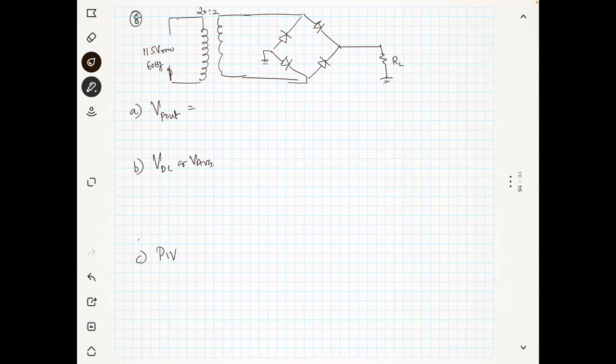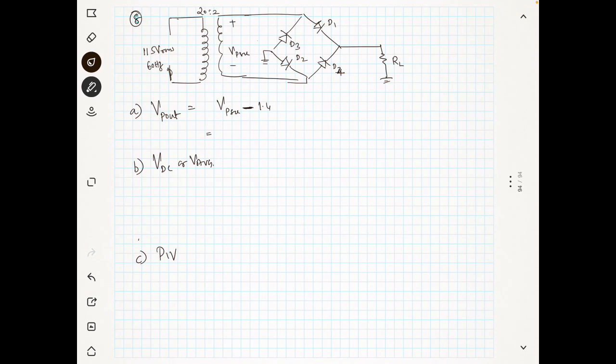So to find Vp out, we need to know first Vp secondary. It is nothing but Vp secondary minus, there are 2 diodes on at a time. For example, this is D1, D2 and D3 and D4. So in a bridge rectifier, 2 diodes will be on simultaneously. That means the total voltage drop across 2 diodes is 1.4 volt. So Vp secondary minus 1.4 will be the output.